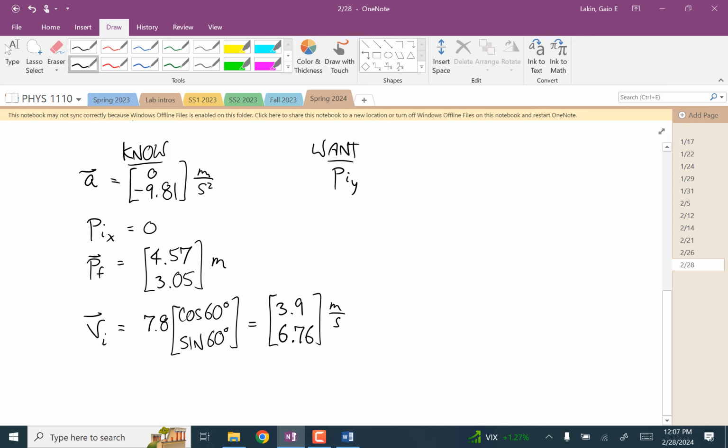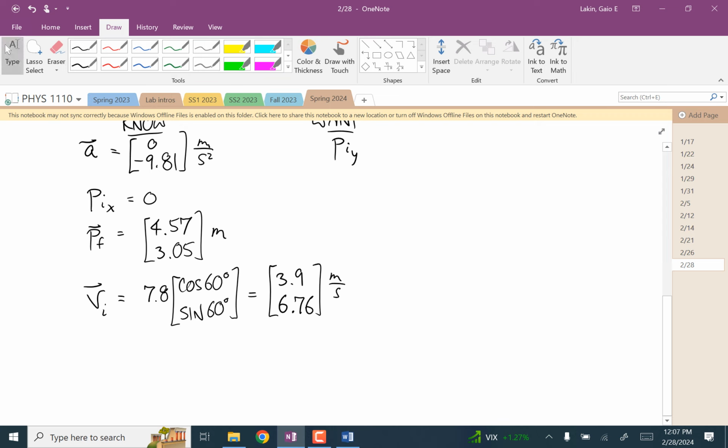We don't know anything about the final velocity. If you look through all the equations, there's no equation that lets us calculate PIY directly. So, no equation. That means that first we want to find TF.